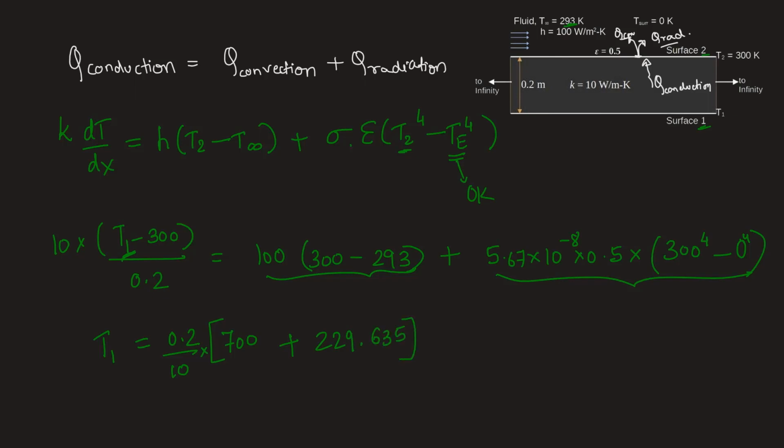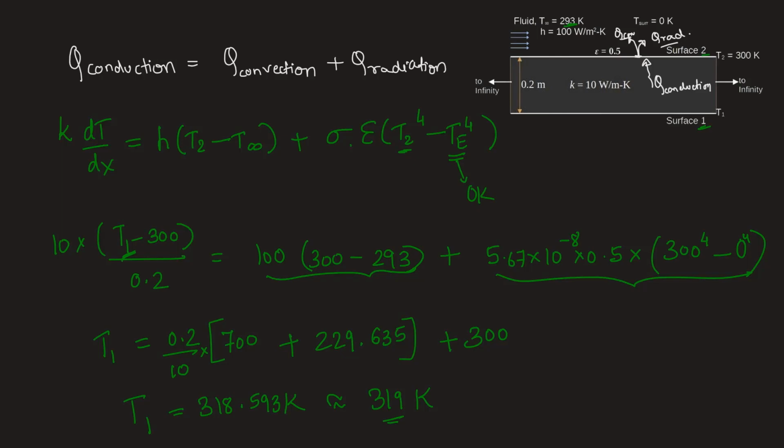This minus 300 on the right hand side becomes plus 300. This gives us the answer T1 as 318.593 Kelvin. But we need to write the answer in integer form, so we can write it as 319 Kelvin, as it is the closest value to 318.593.